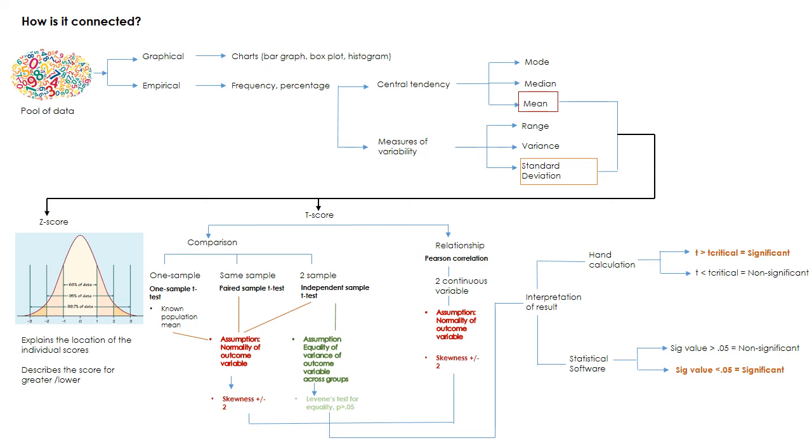When you find your mean and your standard deviation, you can use this information from the organized data and convert it to z-scores to identify location, to explain your score, or to make comparisons, or to study relationships, you can convert it to a t-score.